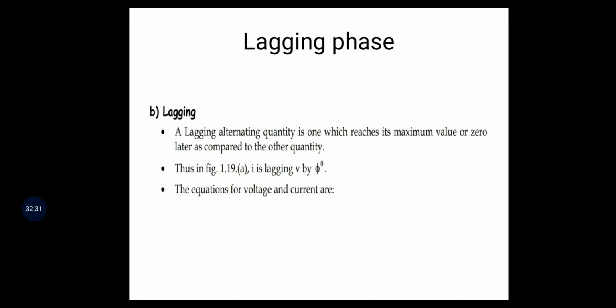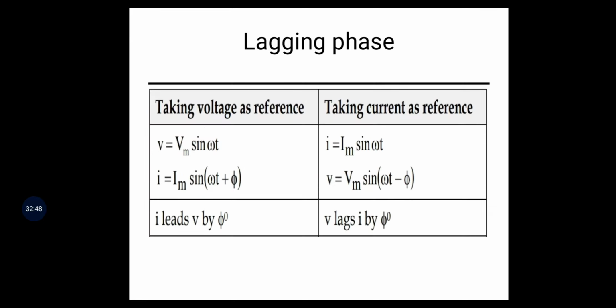Next, lagging phase. A lagging alternating quantity is one which reaches its maximum value or zero later as compared to the other quantity. Here in the figure, I lags the voltage. V leads the current.